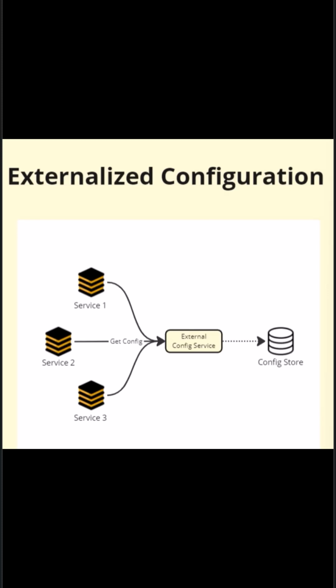This promotes flexibility, as configuration can be updated without redeploying the services. It also enhances security by keeping sensitive data separate from the service. So that's externalized configuration in microservices.